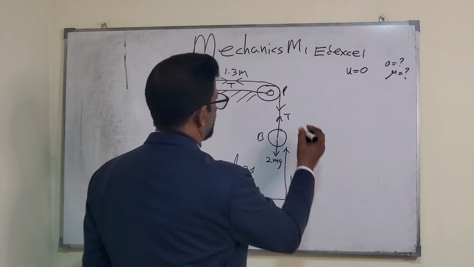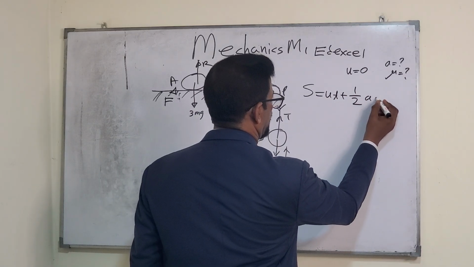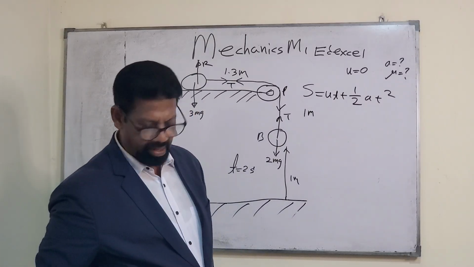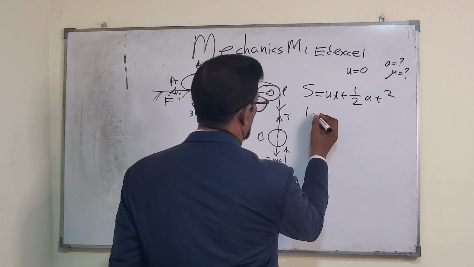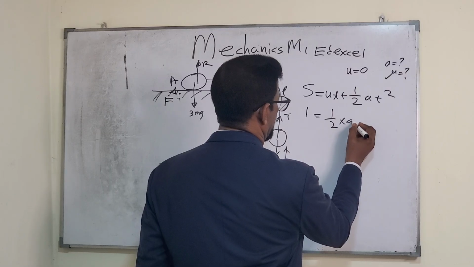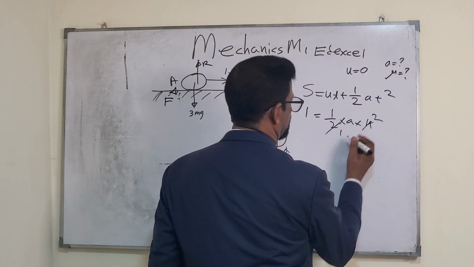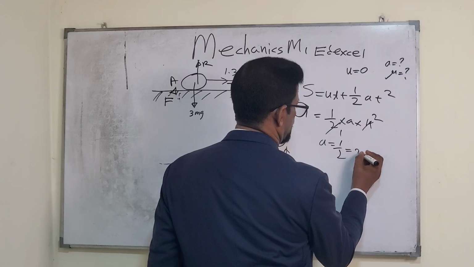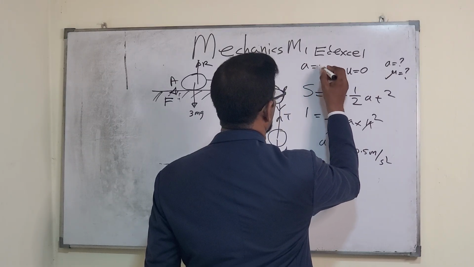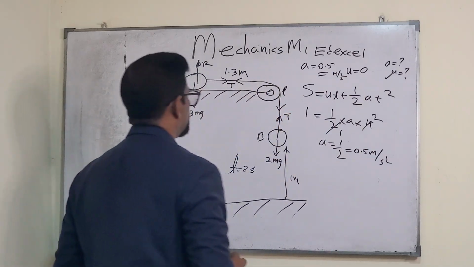I think it is better to use s equals ut plus half a t squared. Substituting, s is 1 meter, initial velocity is 0, so no need to write it, and half times a times 2 squared, which is 4, so 1 equals 2a, so a equals 1 over 2, which means 0.5 m/s squared. So the first answer: acceleration is 0.5 m/s squared.